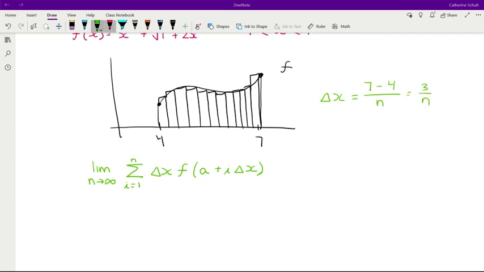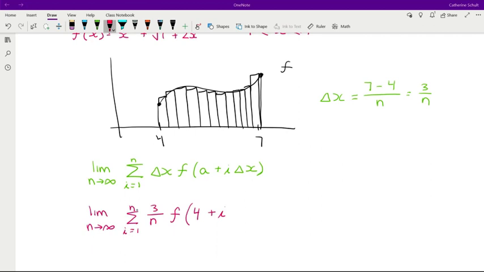All right, so just substituting that. So delta x is 3 over n, okay? We're going to be looking at f of a, but our starting point is 4. i is the ticker, right?